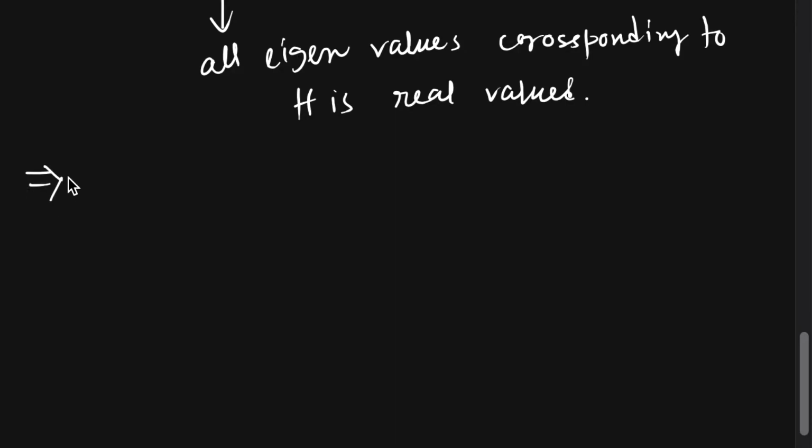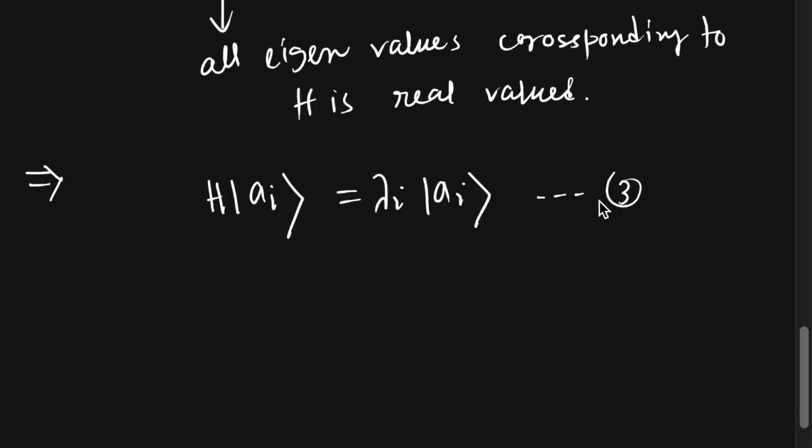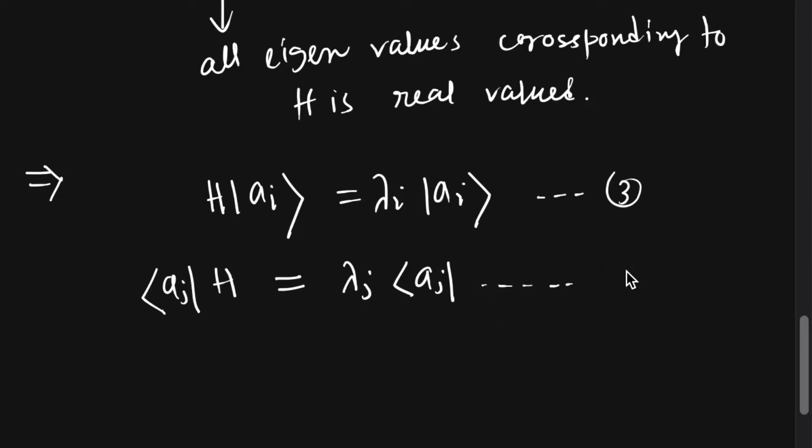Now we are going to prove the second property, that is all eigenkets are orthogonal. To do so, we first write that H|ai> equal to lambda i |ai>, equation 3, and H|aj> equal to lambda j |aj>, equation 4.